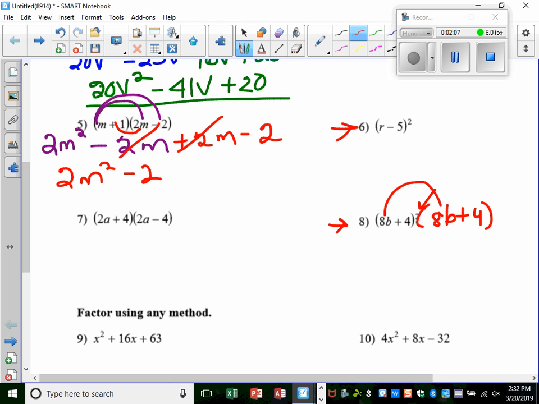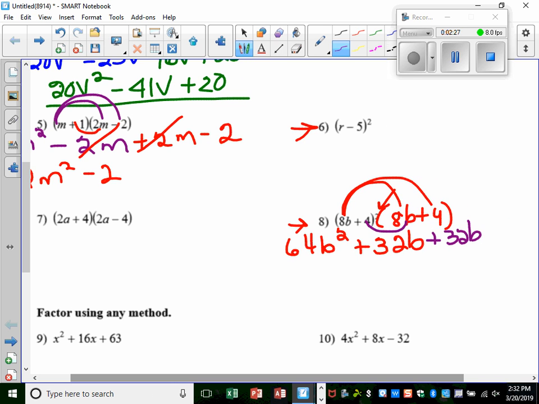So 8b times 8b is 64b squared. And then you're going to multiply 8b times 4. That's going to give you 32b. And then you start with the 4. Okay, 4 times 8b is also 32b. And 4 times 4 is 16.